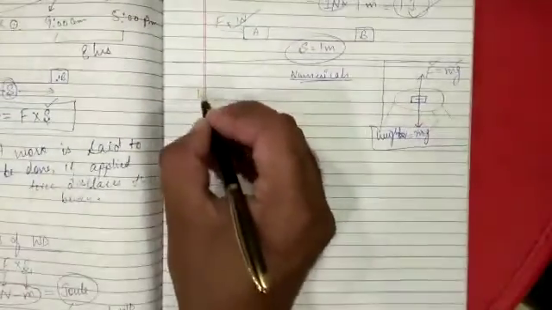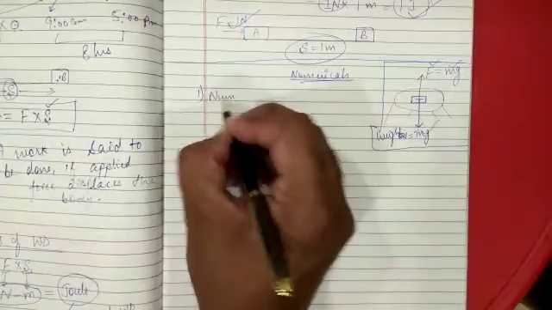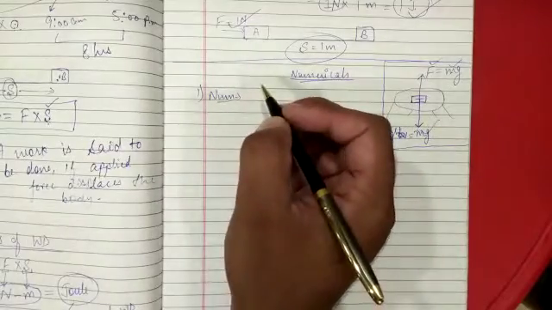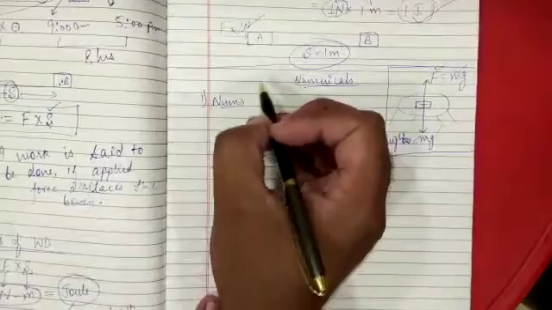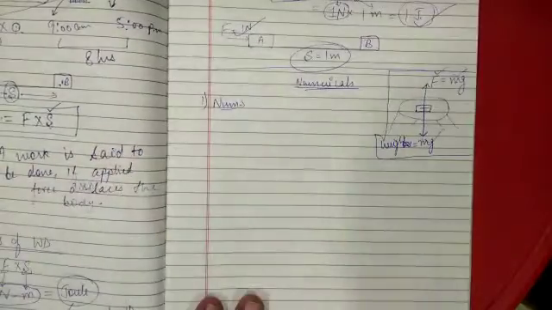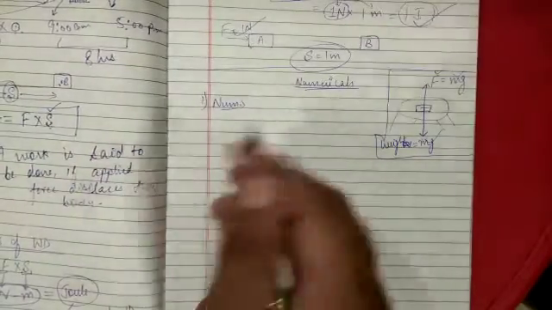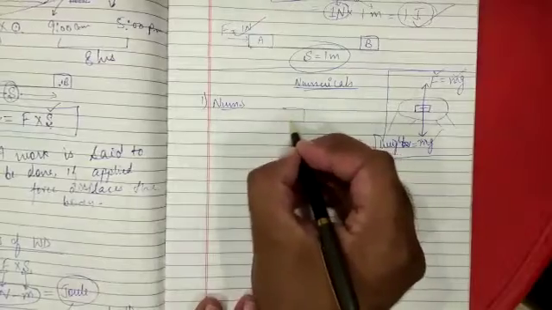Here comes the very first numerical from your NCERT, on page 148.